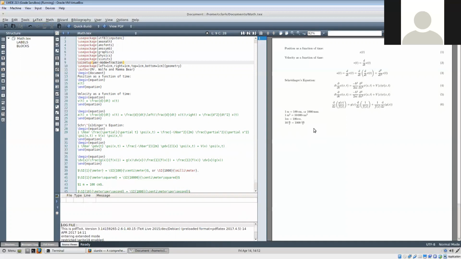I had an SI setup before I included the package. So SI setup needs to come after the siunitx command. Needs to go before or after this? Yeah. So you have to do use package first because the SI setup command isn't available until you include that package.